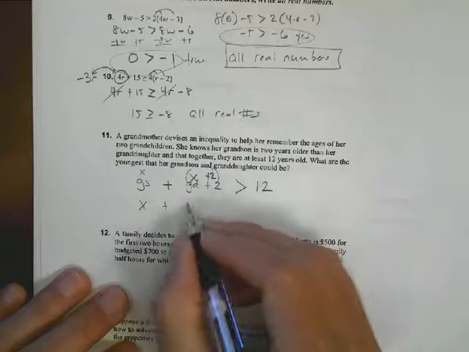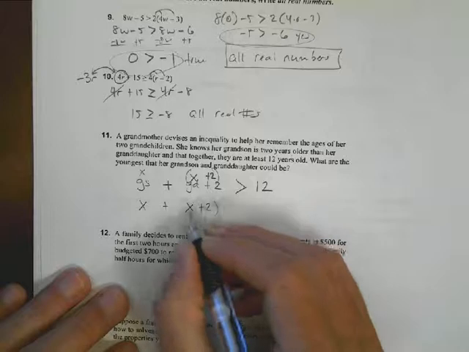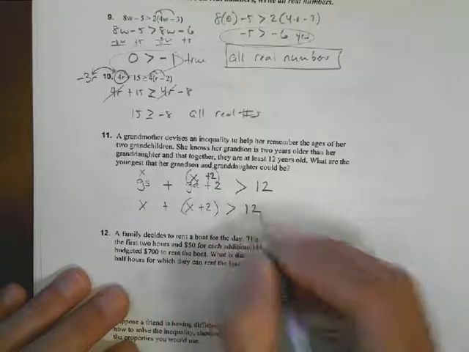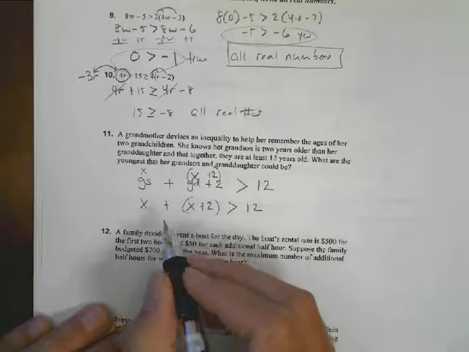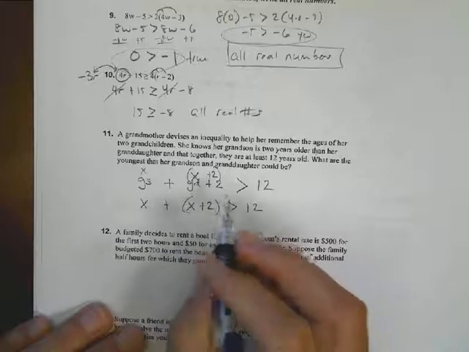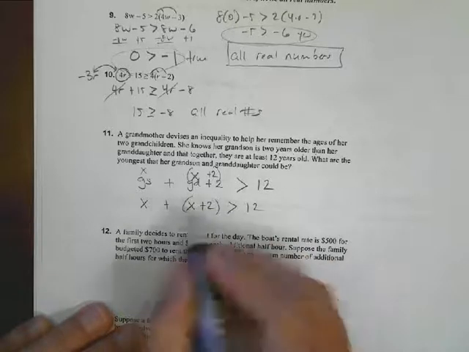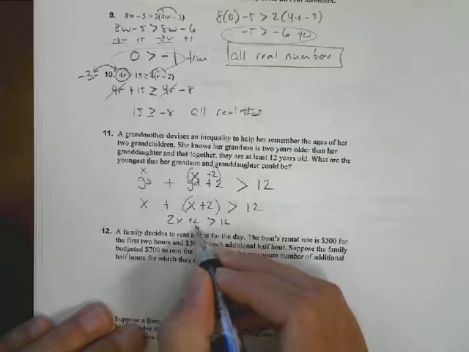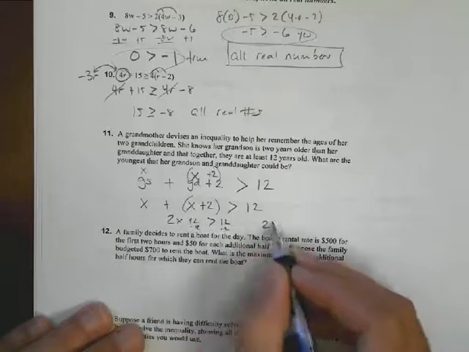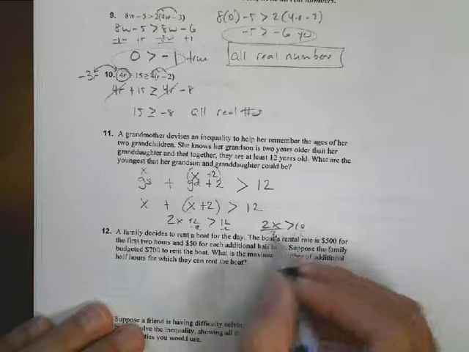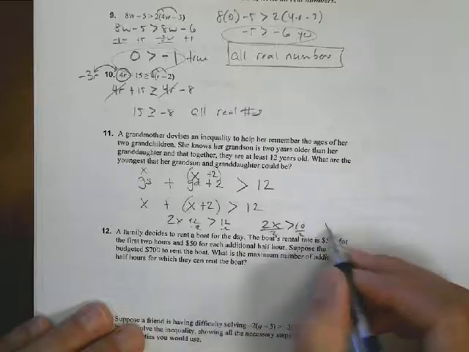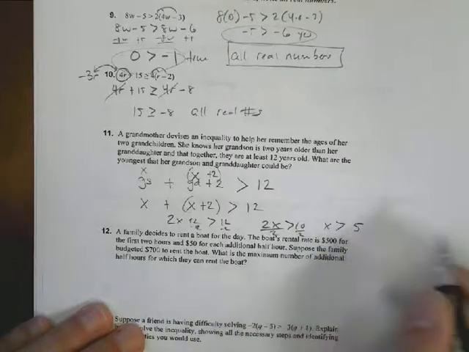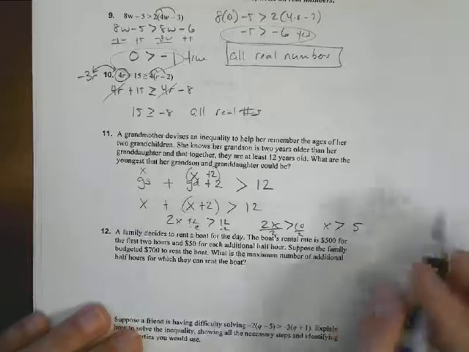So I take the granddaughter, her age, and I add to it her own age plus 2 for the grandson, and that's going to be at least 12. So when I work this out then, what I'm going to say is I have 2x plus 2 is greater than 12. I subtract 2 from both sides, so 2x is greater than 10. Divide everything by 2, and x is going to be greater than 5.